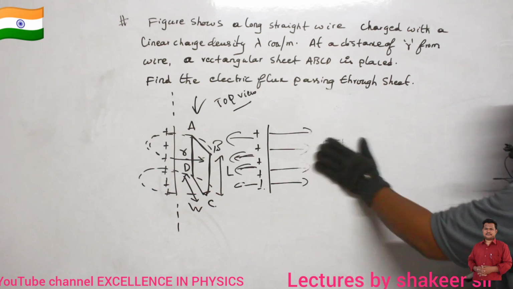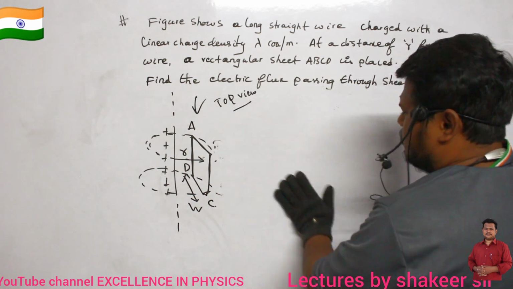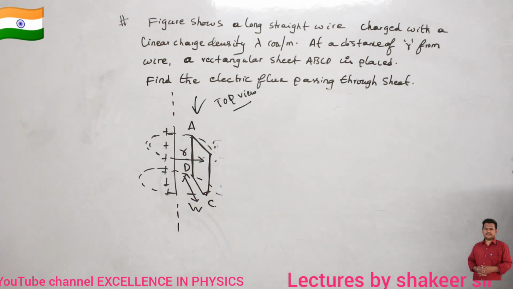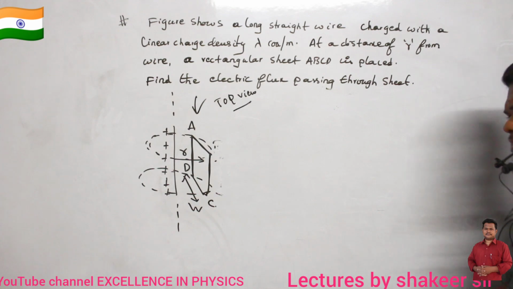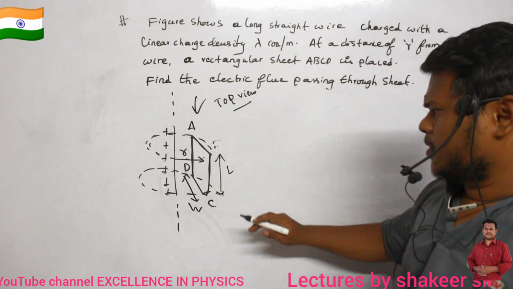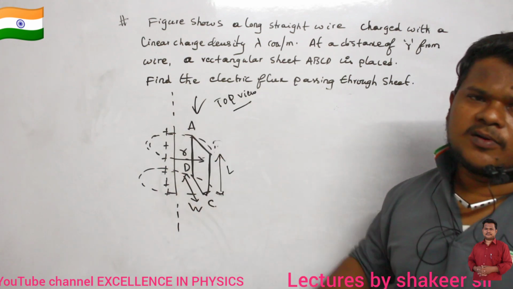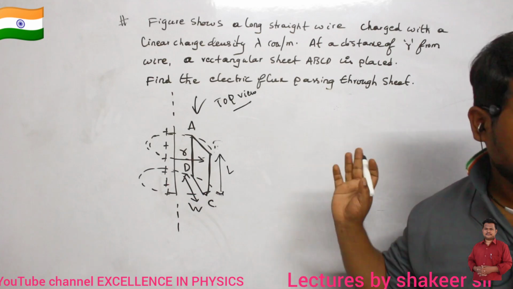Okay. So therefore, first of all, how can I calculate the total flux produced by this L length of the line charge? Why are we taking only L length? Because the length of this sheet is only L, no, ma? So only L effective length of electric flux will be passing through the sheet.